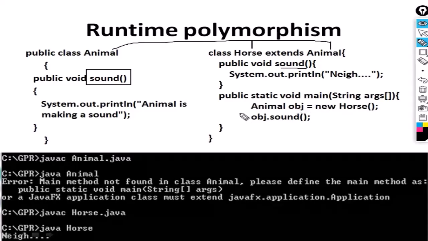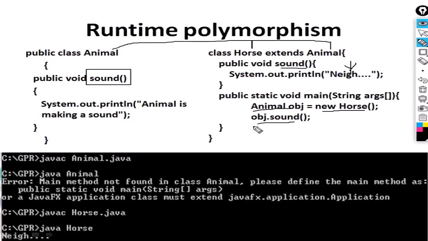Now we create an object for Animal and assign the other type, Horse. Whenever you invoke the object's sound, which particular method will be called? Here only the neigh, which is in the derived class, will be called.